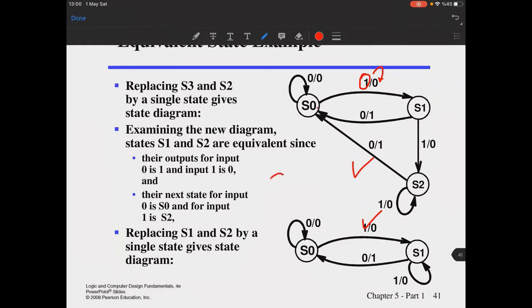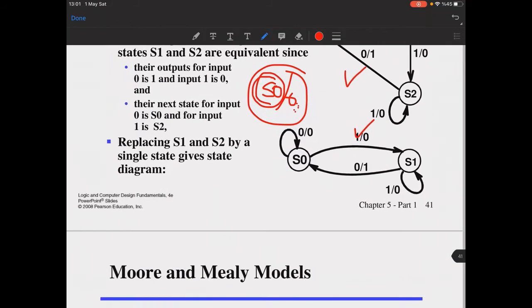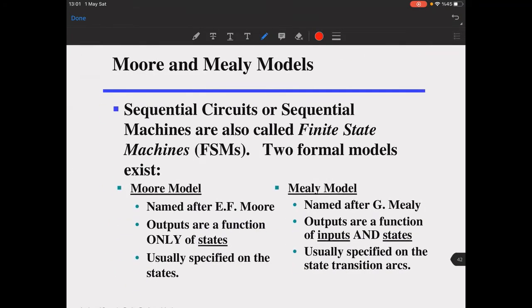But in Moore type states, since your system is changing its output signal only as long as it is settling in a specified state, you can see that Moore models are much more reliable.